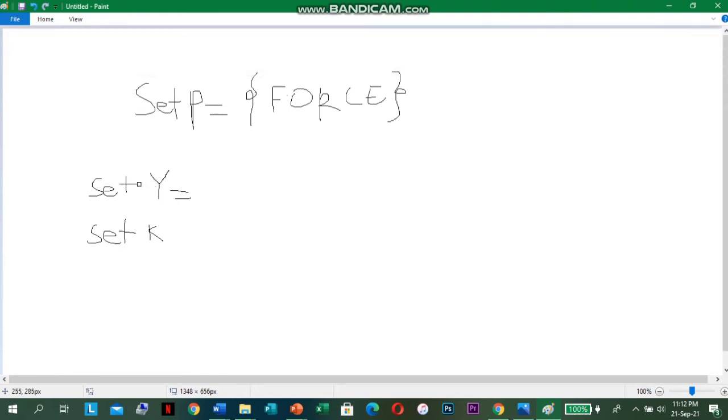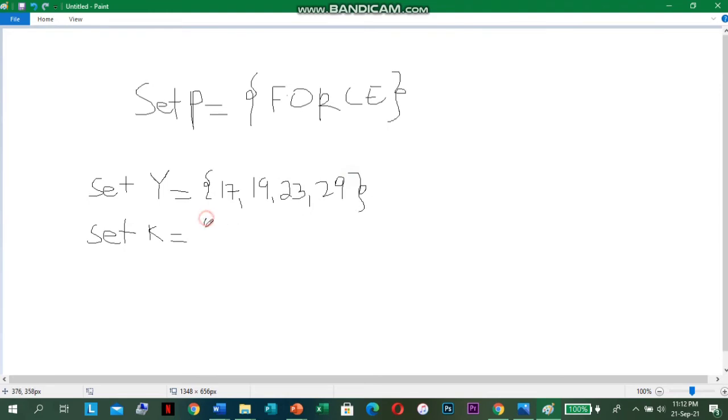We want to call this set k, and set k is equal to. We're going to put in the elements now, our members, of the set. So the elements for set y are 17, 19, 23, 29. So these are the members or elements of set y.